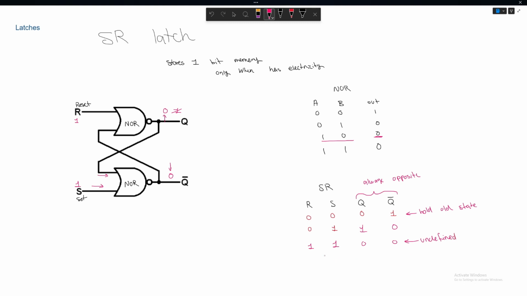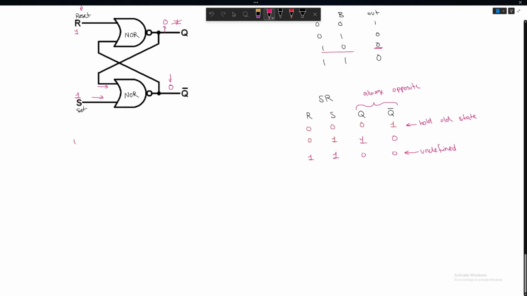All right? And so remember this. Here I'll actually write it in simple terms. When reset equals 1, you output 0. You just go back to the original. When set equals 1, you set it to 1, you output 1.